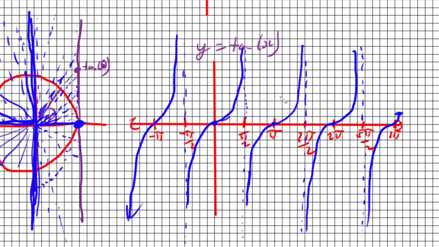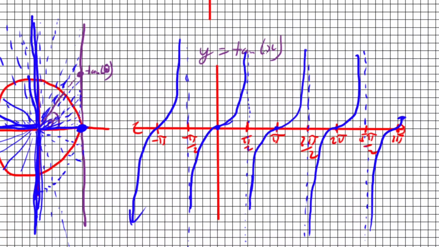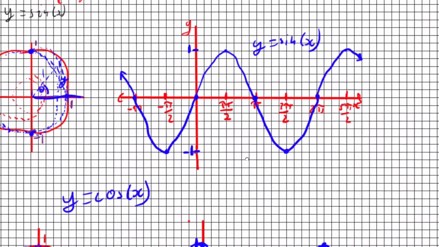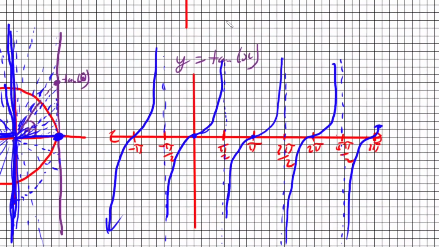So pi on 2, then 3 pi on 2, 5 pi on 2, and negative pi on 2, there's a vertical asymptote. And every pi we have 0, so 0, pi, 2 pi, 3 pi, negative pi, it's at 0, and we asymptote from negative to 0 to positive. And so there we have it. This is the graph of y equals cos of x, sine of x, and tan of x.